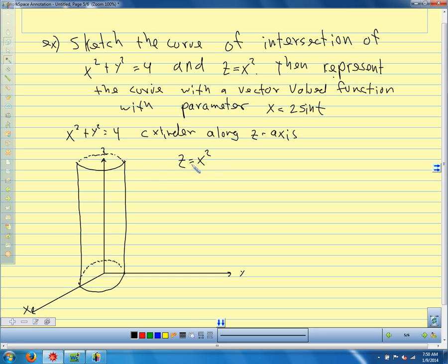We're missing one coordinate. We just talked about this one. So our surface is a cylinder, and the trace is a parabola, so we get this parabolic cylinder. And we've talked about this one before. It kind of looks like a trough. So this is a parabolic cylinder.